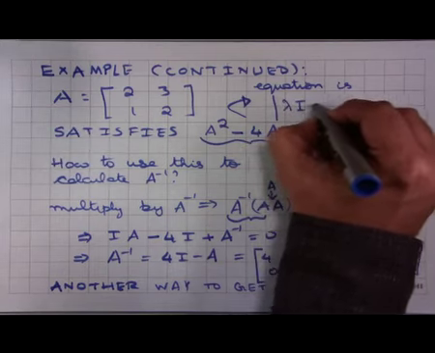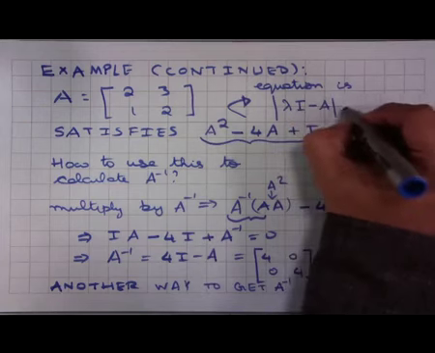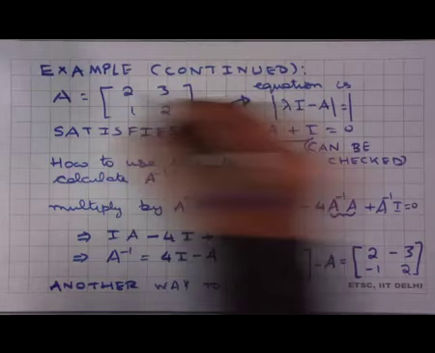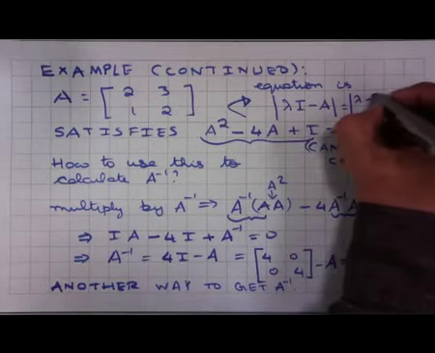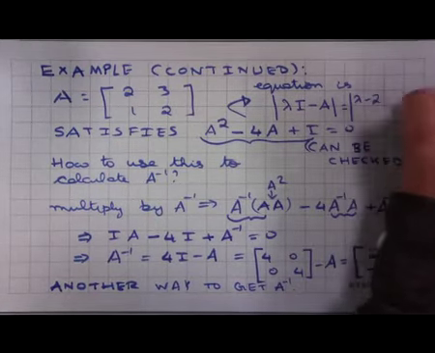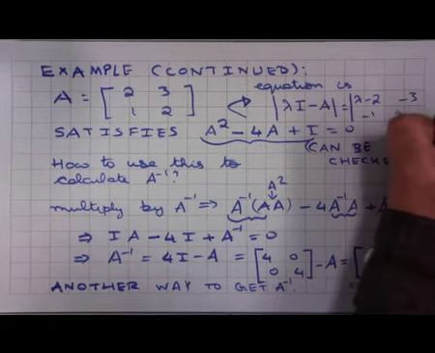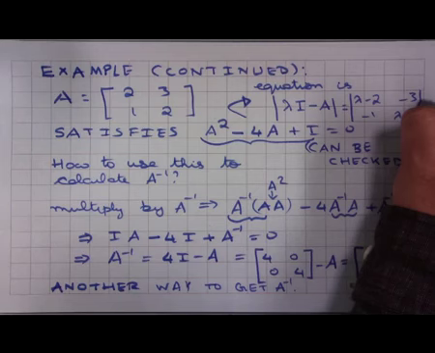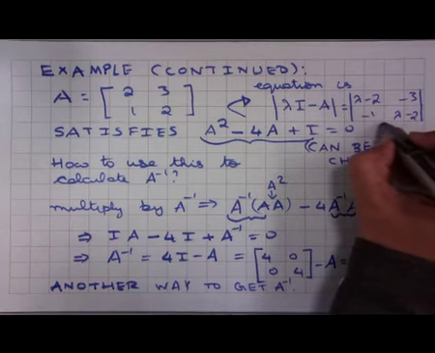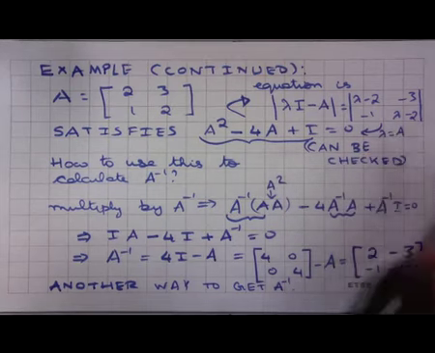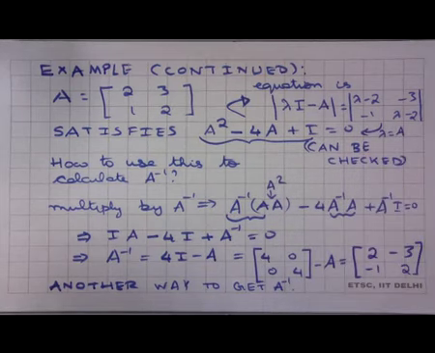So, lambda I minus A, or determinant of lambda I minus A, where lambda is a variable: lambda minus 2, minus 3, minus 1, lambda minus 2. And if you put lambda equal to A, then we will get this equation. So, this can be checked.